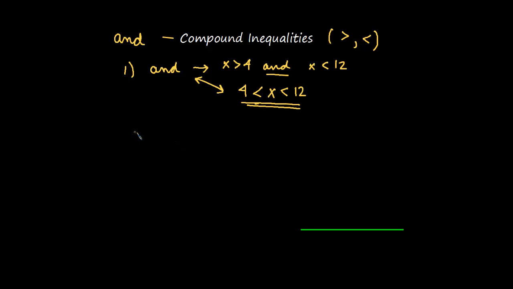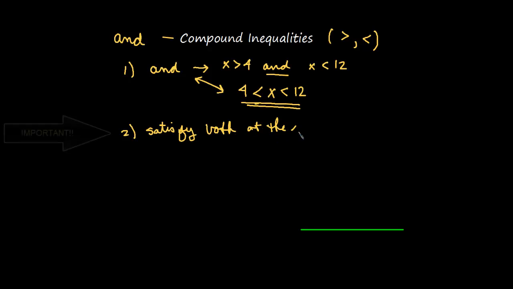Now, what does the word AND mean? In mathematics, it's very important that we define things. So the word AND means that the value that I choose for x, which is greater than 4 and less than 12, must satisfy both statements at the same time.